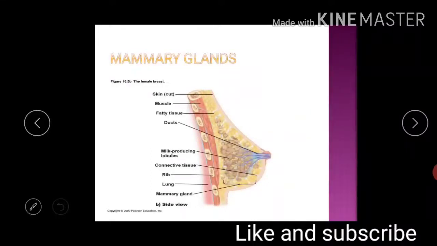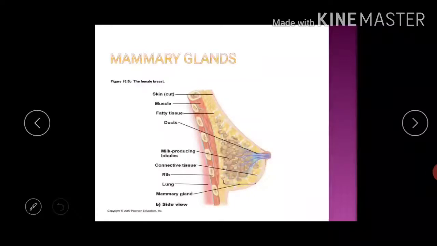The lactotropic hormone, or prolactin hormone, is very important for the development of the lactiferous tubules during pregnancy.